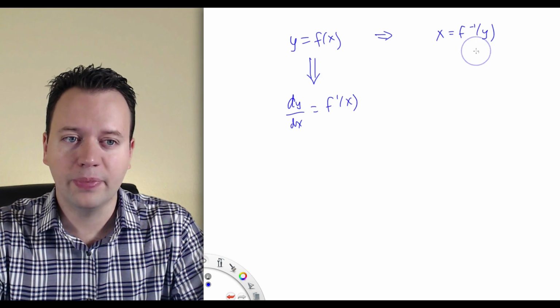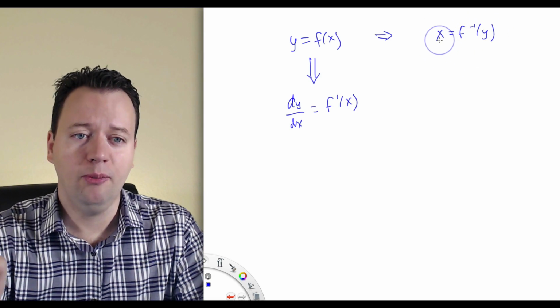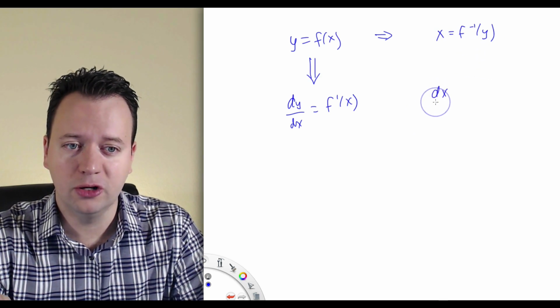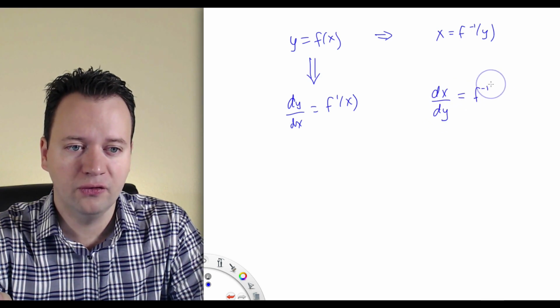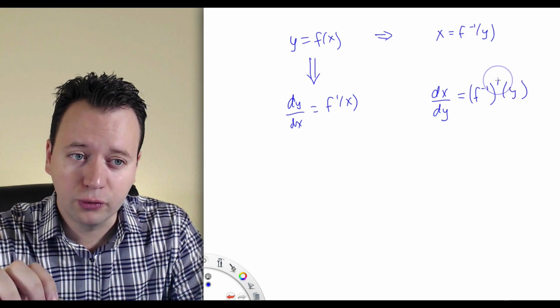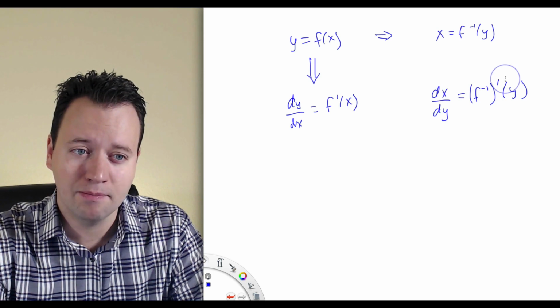Now over here, if we take the derivative of this function, it's the same thing, except now the output is x and the input is y. So we have a change of output would be a change of x over a change of y, and this would be f inverse prime of y. So it's the derivative of the inverse function, f inverse prime.